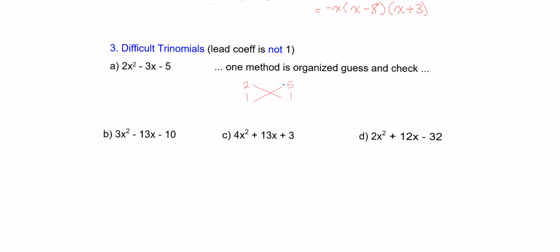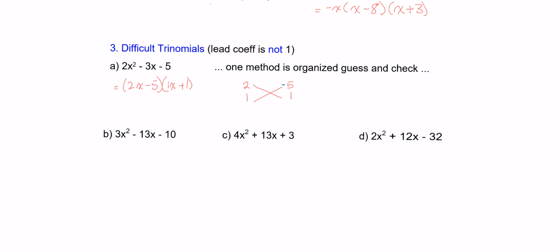So we're going to end up with something like this. Bracket 2x minus 5 and one x plus 1. So the top half of this represents the first bracket and the bottom half represents the second bracket.